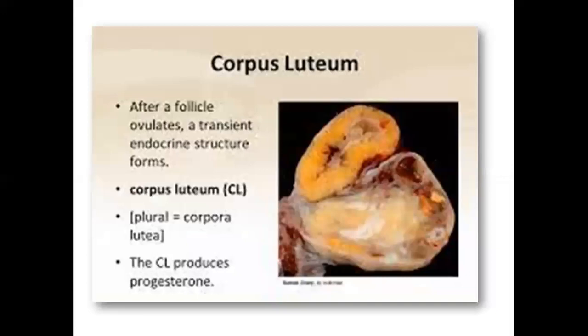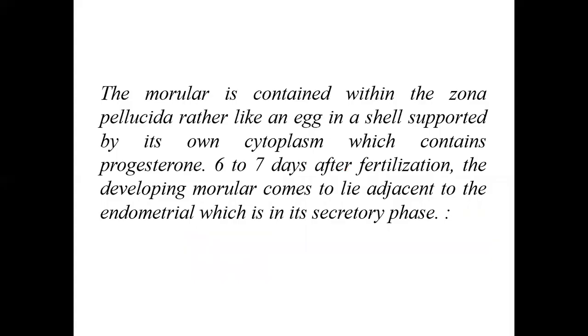Now, furthermore, this is just the corpus luteum. I think the diagram is not clear, but this is the corpus luteum, which produces progesterone. The morula is contained within the zona pellucida, rather like an egg in a shell supported by its own cytoplasm, which contains progesterone.